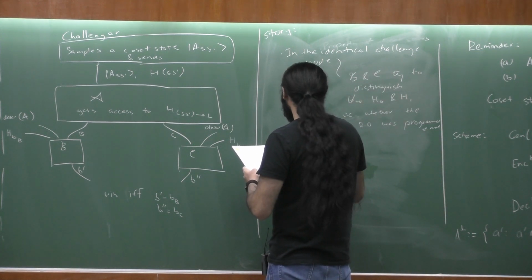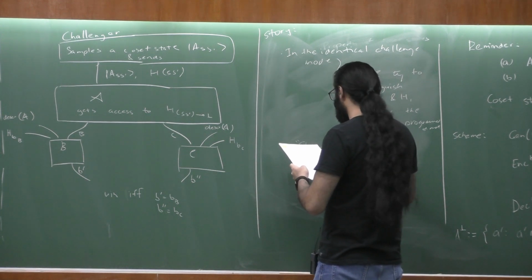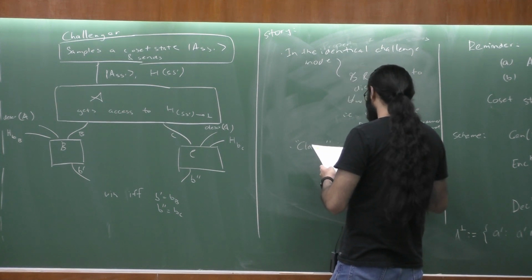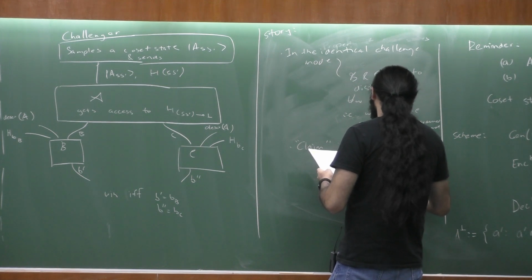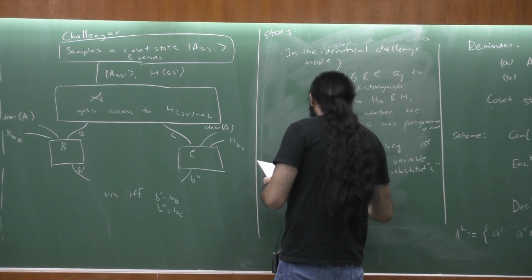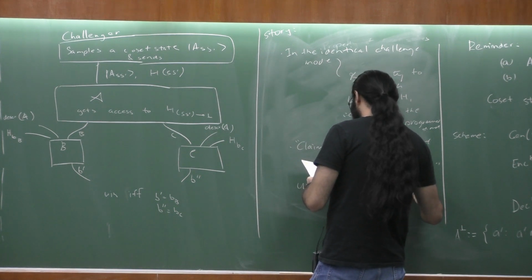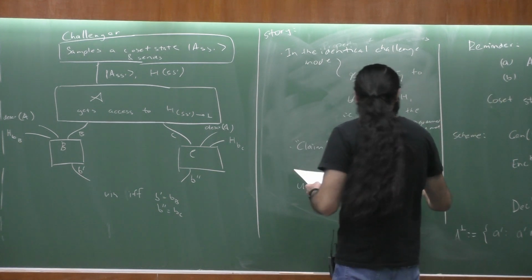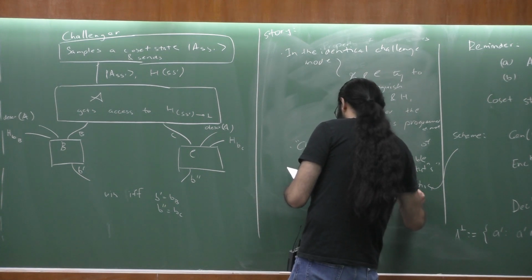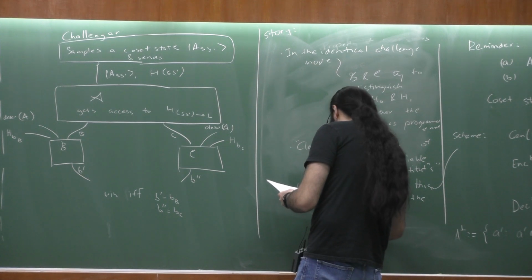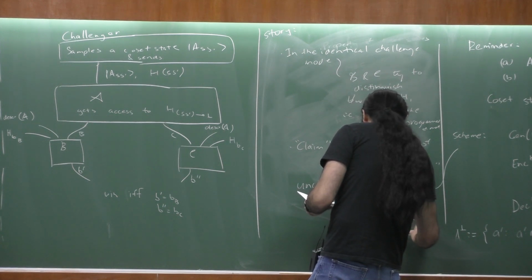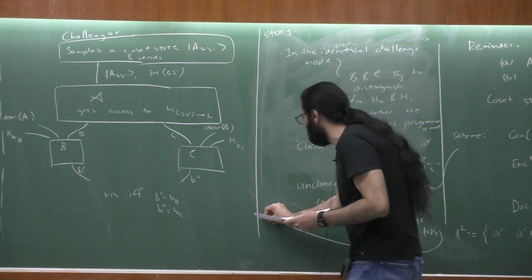Okay. So now, this is a claim, which is that by a sequence of standard variable substitutions, unclonable indistinguishability of this scheme can be based on the identical challenge mode of this game.